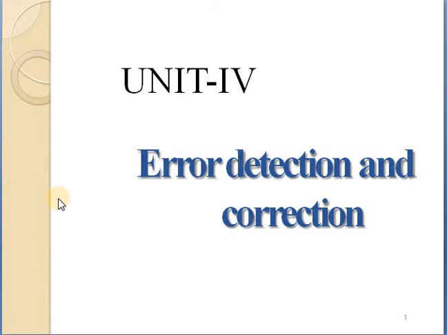The central concept in detecting or correcting errors is redundancy. To be able to detect or correct the errors, we need to send some extra bits with our data, and these redundancy bits are added by the sender and removed by the receiver, and their presence allows the receiver to detect or correct the corrupted bits.